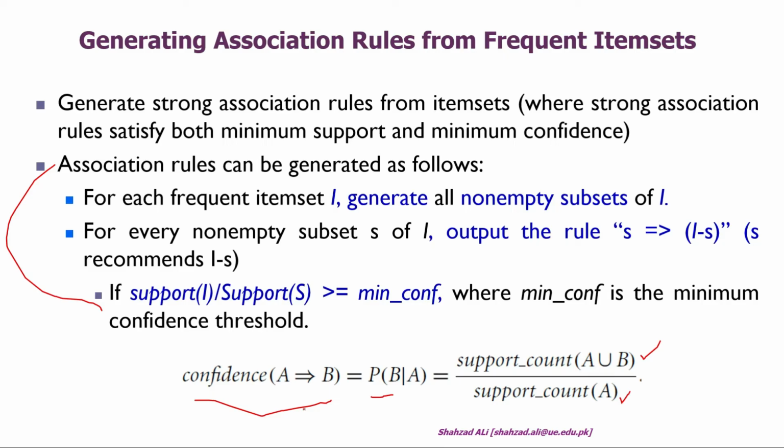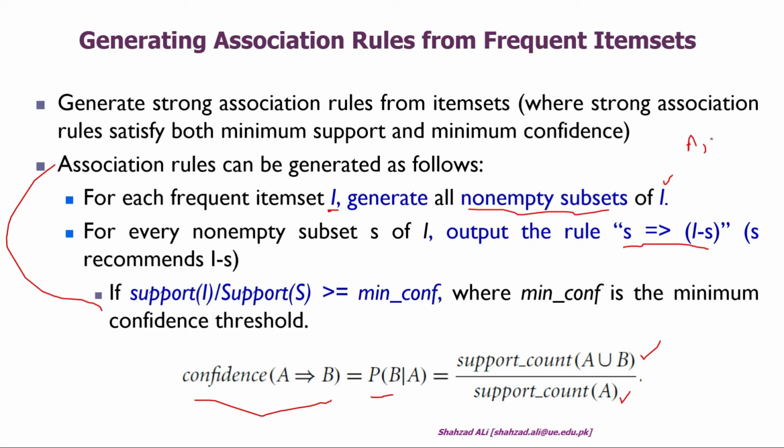So from the frequent item set I, we have to generate all its non-empty subsets in the first step, and in the second step we have to write the association rule like this: S, which is a subset of I, implies I minus S.